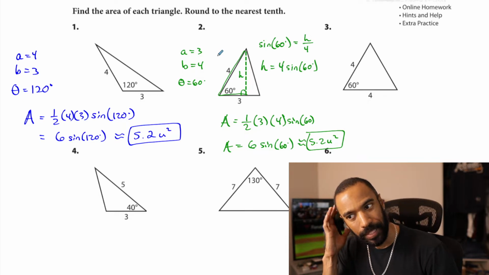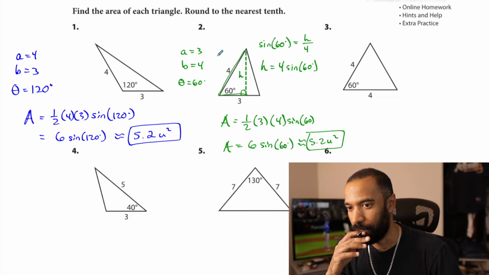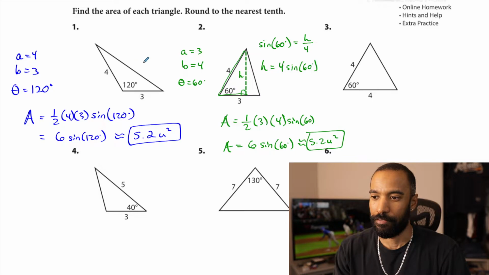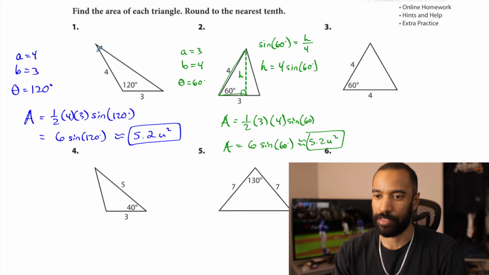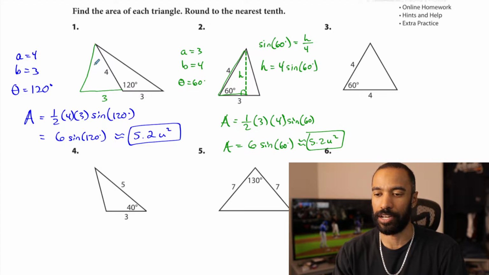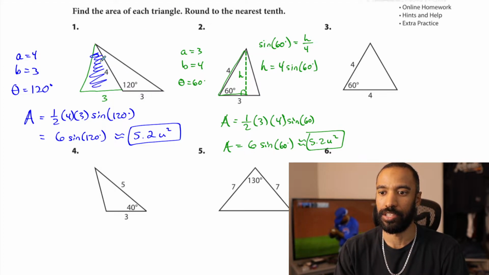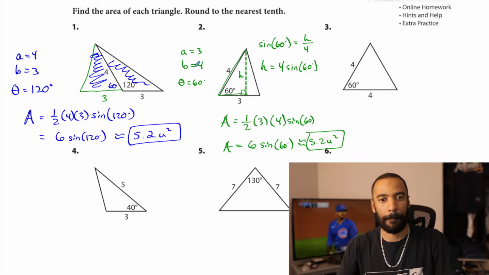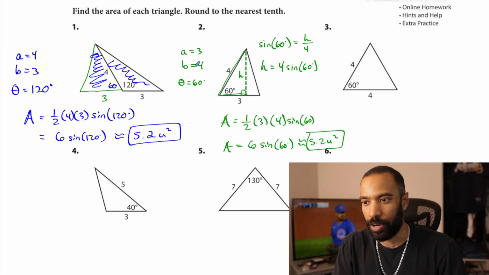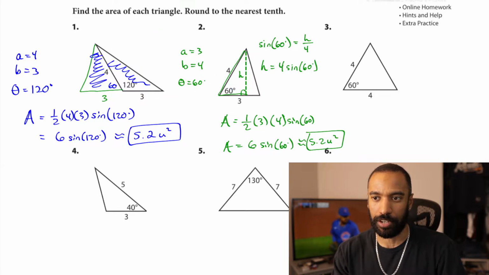Picture, if you will, if I drew this same exact thing, if this triangle was right here and instead the 3 was right there, I don't know if you can imagine that those have the same area right here. See, they both have that 4, and this is 60 degrees right here. These both have the same area there, right? So it's very possible. It's not like that this thing shrunk a little differently than that.